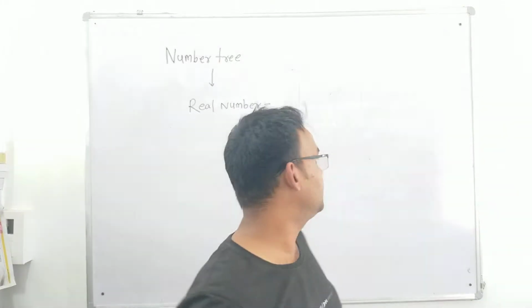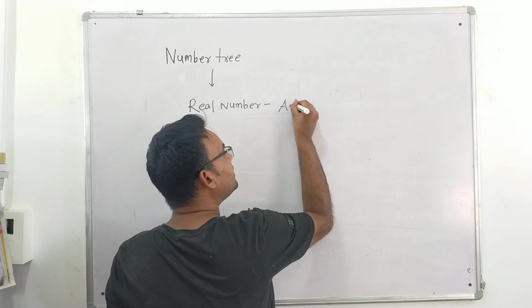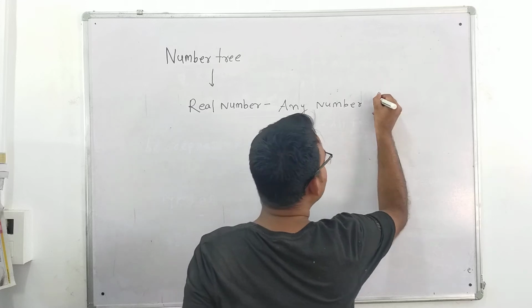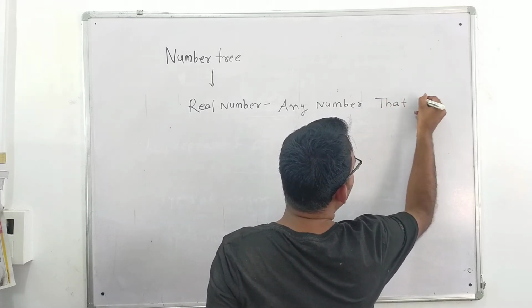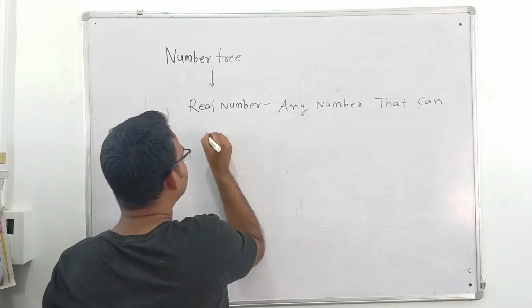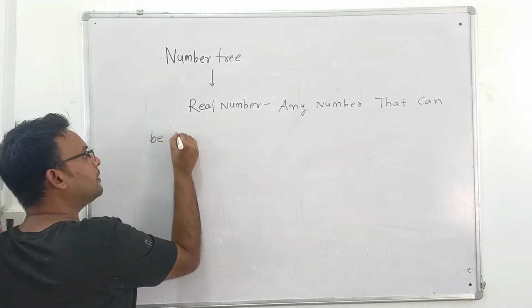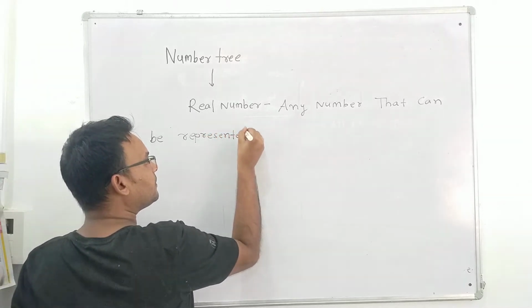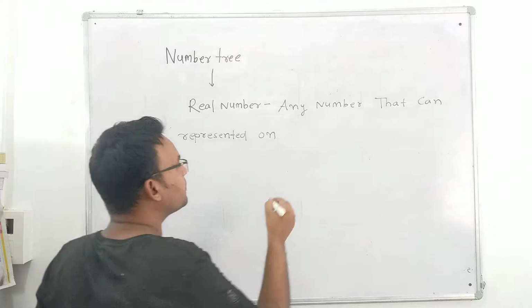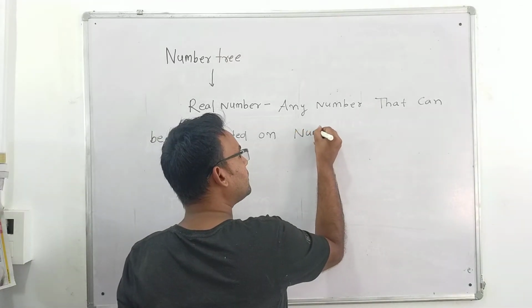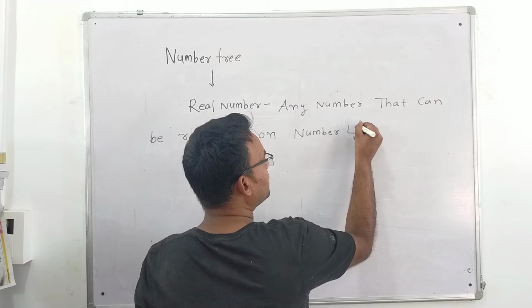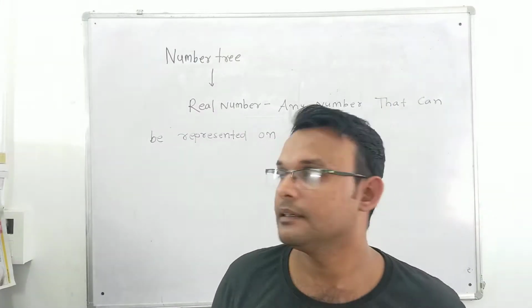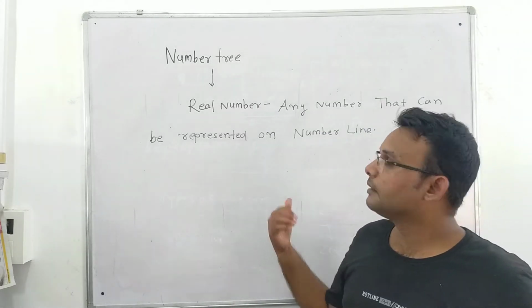Any number that can be represented on a number line is called a real number.